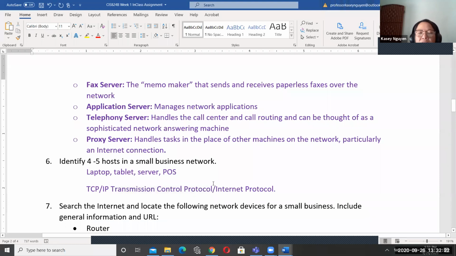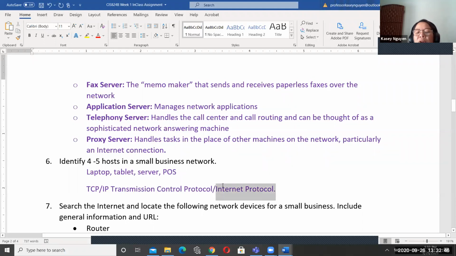It's kind of like how you get a package and they make you sign for that package. Transmission Control Protocol does that. It doesn't just throw your package in front of your house and run off. It makes sure that you get and sign for the package and verify that you are who you are, so it goes to the right recipient.